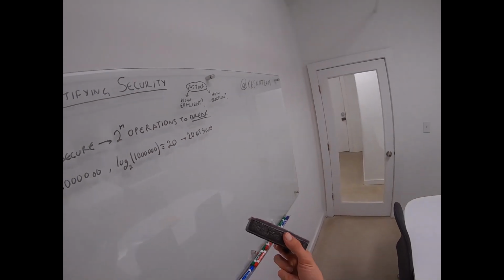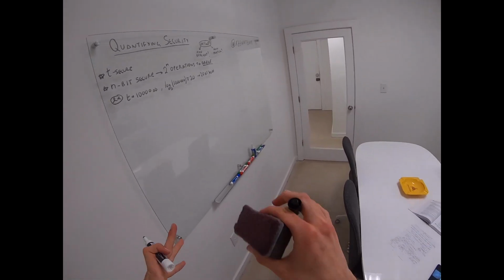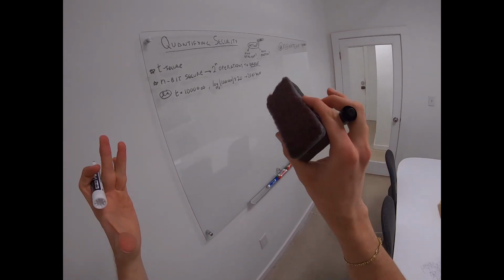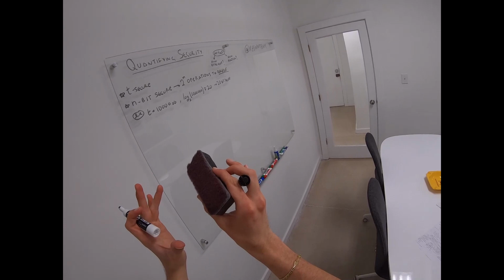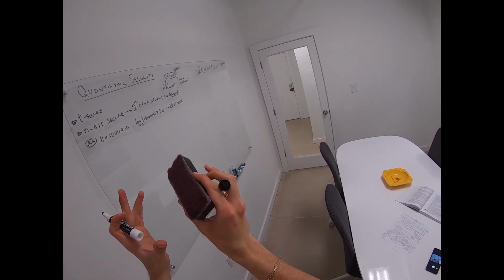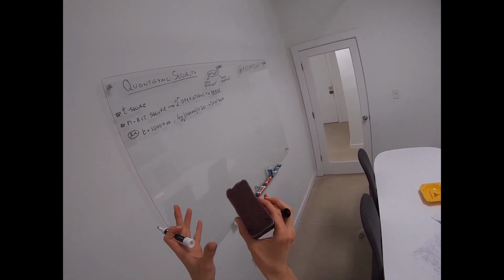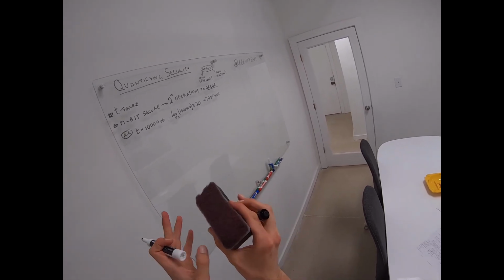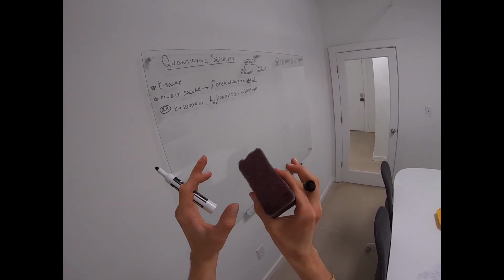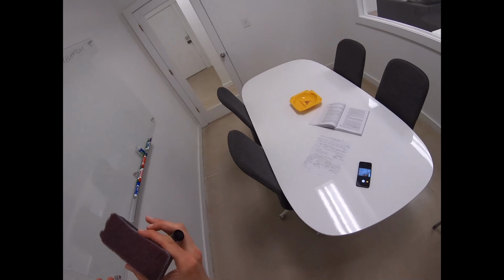One is when you're a clever attacker and you find a subset, a smaller pool of operations to try, and therefore you do it in fewer operations than 2 to the n.